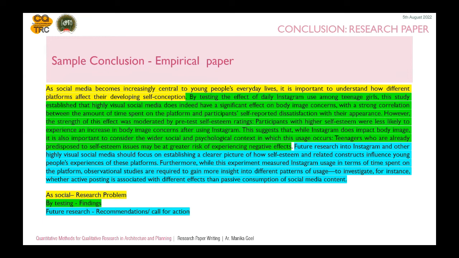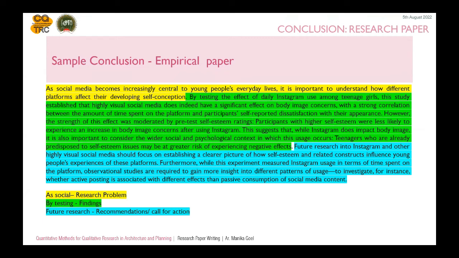This suggests that while Instagram does impact body image, it is also important to consider the wider social psychological context in which the usage occurs. Teenagers who are already predisposed to low self-esteem may be at greater risk of experiencing negative effects. Future research into Instagram and other highly visual social media should focus on establishing a clearer picture of how self-esteem and related constructs influence young people's experience of these platforms.